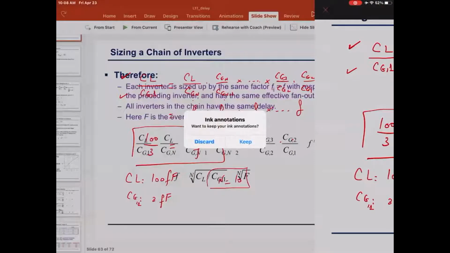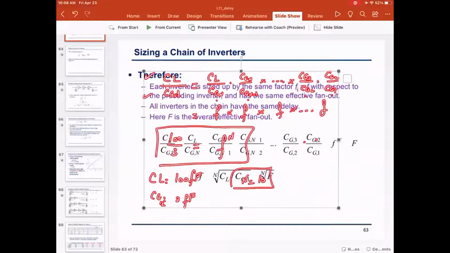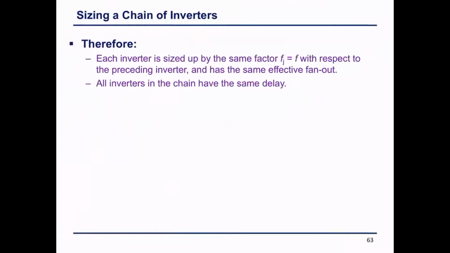Okay, so let us see what the slides are bringing forth. So for each inverter, it will be sized up by the same factor with respect to the preceding inverter, and it has the same effective fan out.